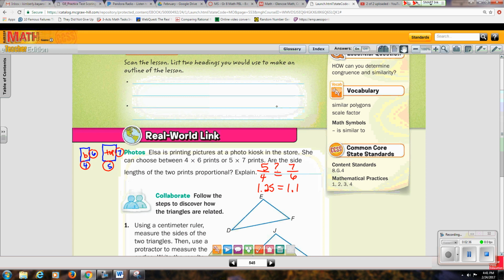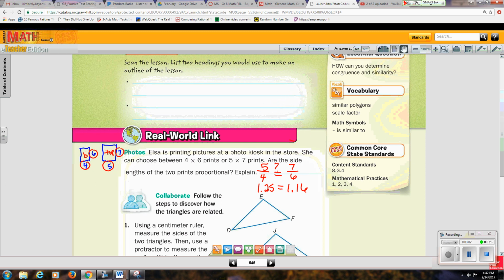Sorry, I totally did that wrong. 6 goes in there once with a remainder of 1, and then it goes in there another time. Sorry, I'm just really messing up here. Anyway, when you divide it out, this is what you get. I should just have done a calculator.